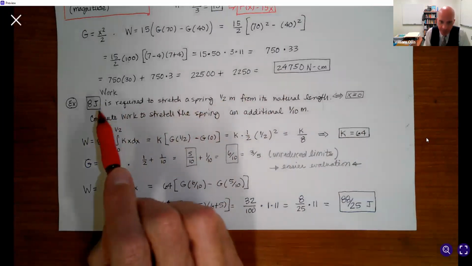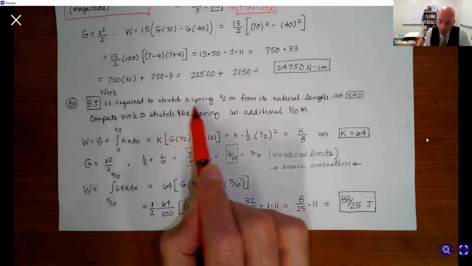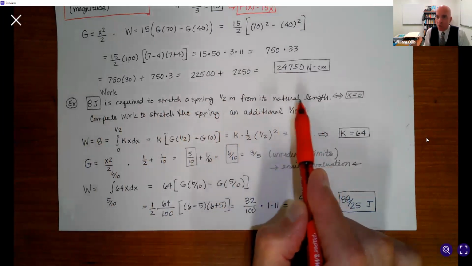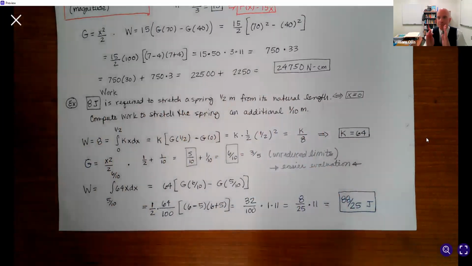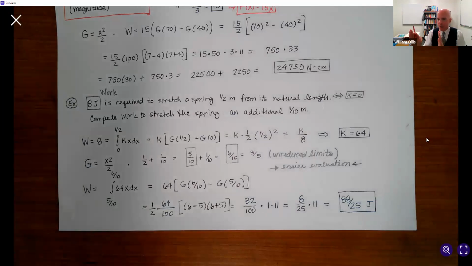Well, let's read it. It says 8 joules, that's work, is required to stretch a spring 1/2 meter from its natural length. So we would think if we were measuring the way the spring is changing in length, we'd say the natural length can correspond to an X value of 0. And then as we stretch, that would be positive.